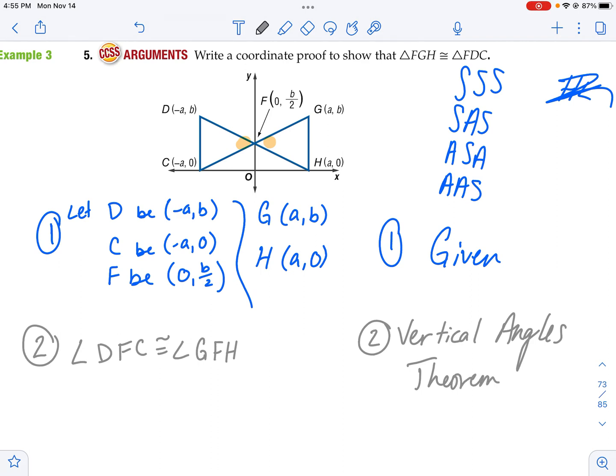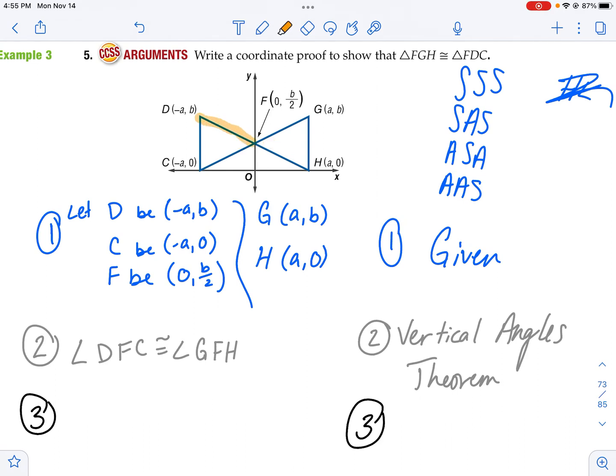And now I need either two sides or another angle and a side, or I could even do all three sides if I really wanted to. But I'm going to try to prove side, angle, side.